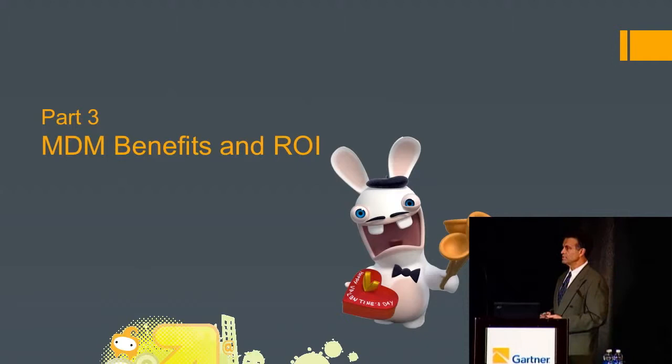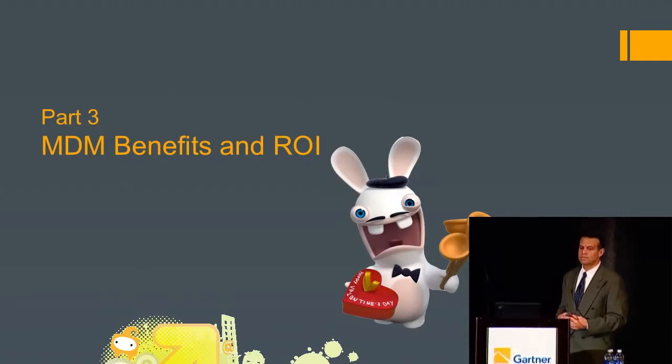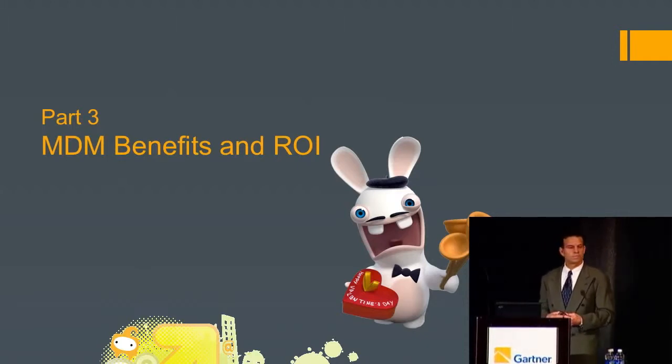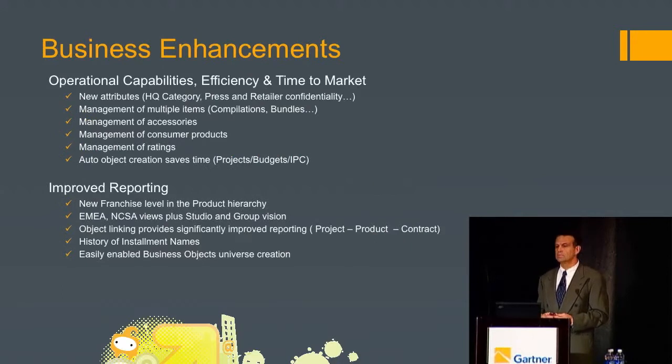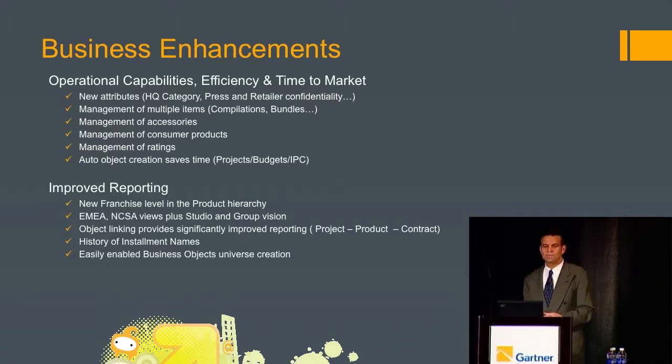So the benefits that we've already realized out of this is we were able to create new attributes in the model. So you give, for instance, our headquarters group, our connection to the press and the retailer in a confidential way. Not everyone gets everything. We have multiple items that we can now manage.